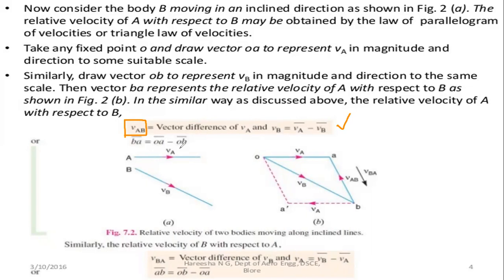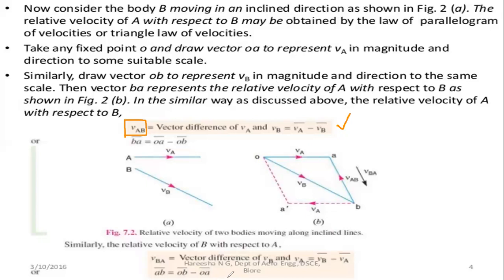Therefore, BA bar is equal to OA bar minus OB bar. So this is the consideration here. BA bar is equal to OA bar minus OB bar. That is why we are taking the parallelogram law of velocities or triangle law of velocities.